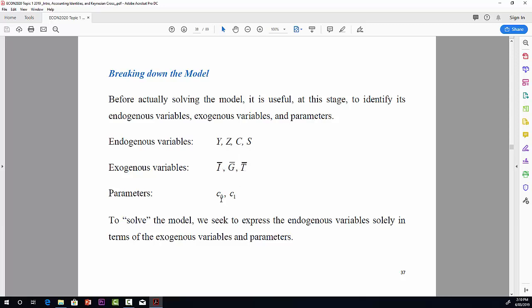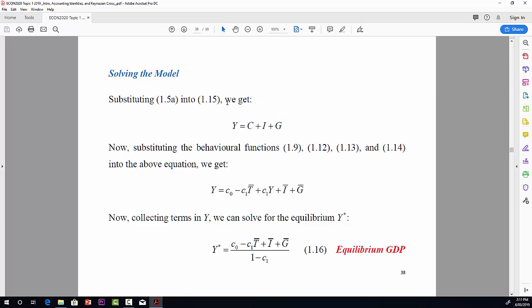And we have 2 parameters: the autonomous component of consumption and the marginal propensity to consume. So when we say we're going to solve the model, what we mean is we're going to express the endogenous variables solely in terms of exogenous variables and parameters. Okay, now let's do it.